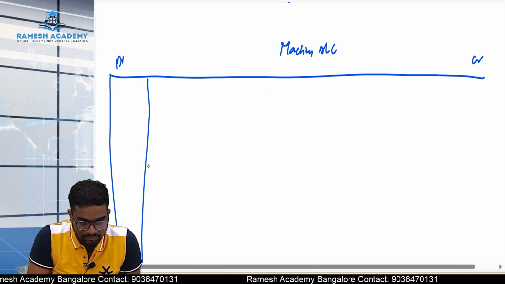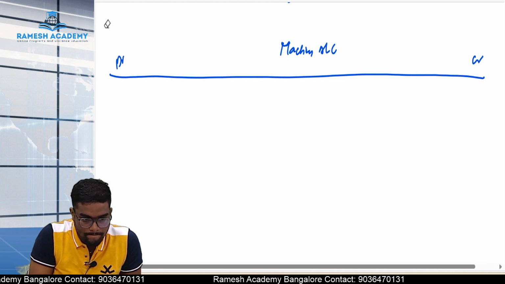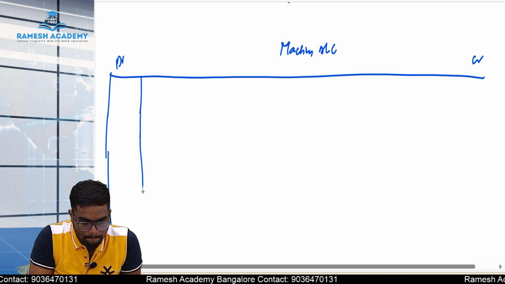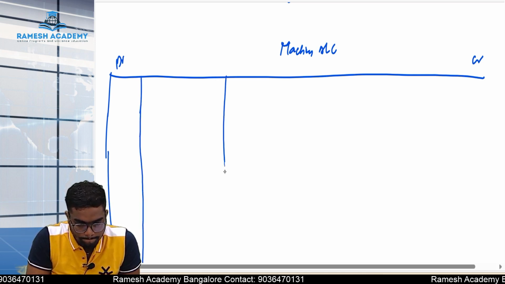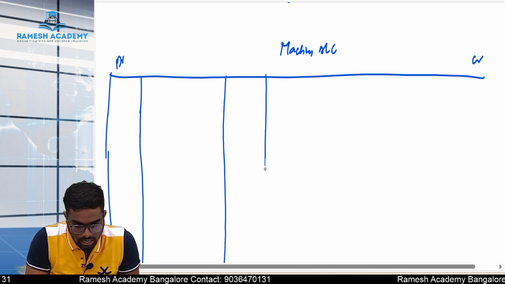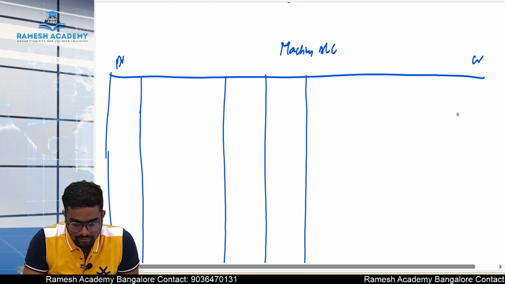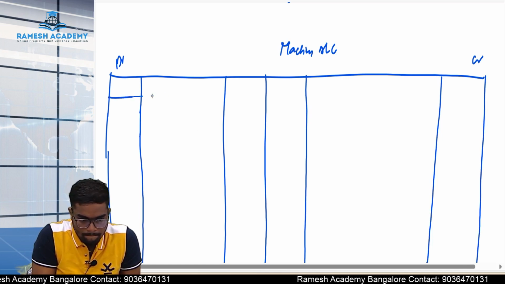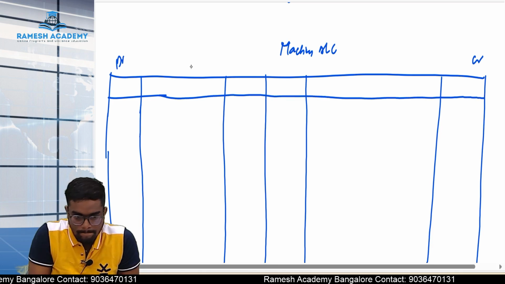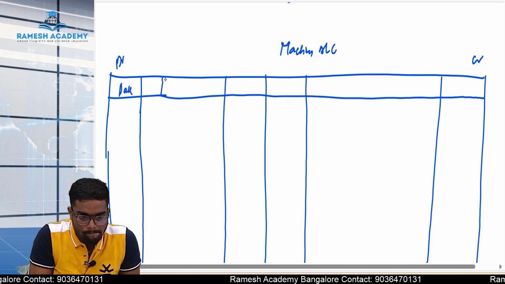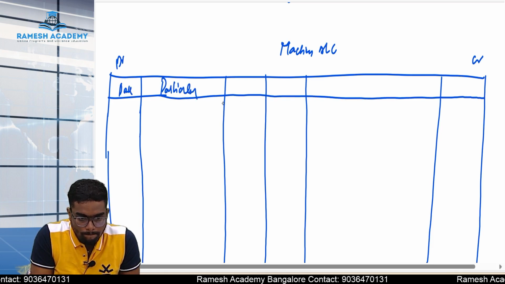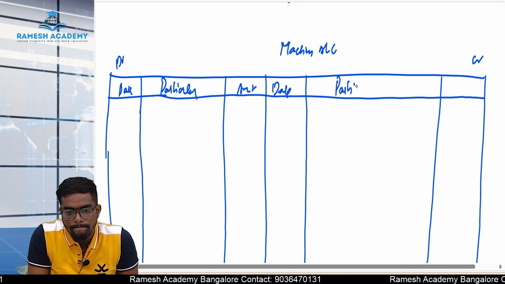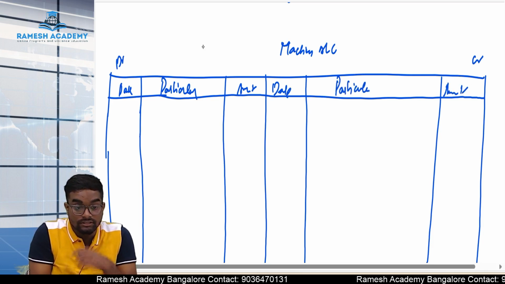So this will be date, particulars, amount, date, particulars, amount.